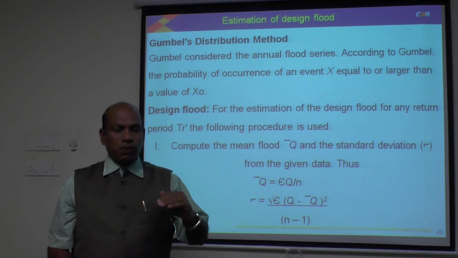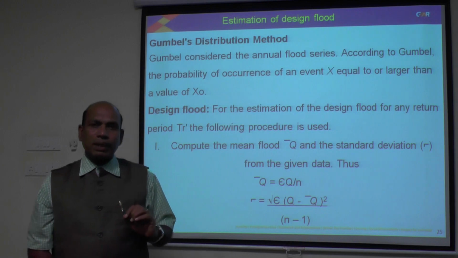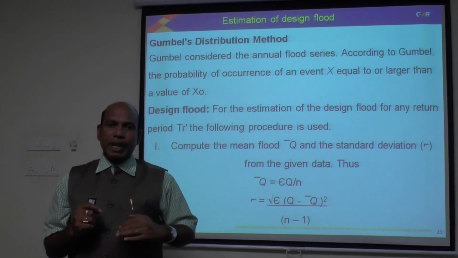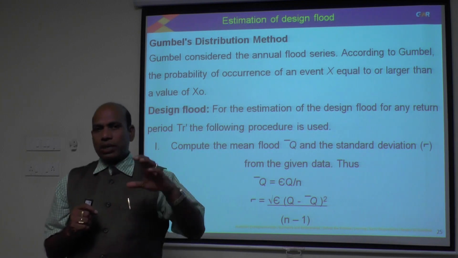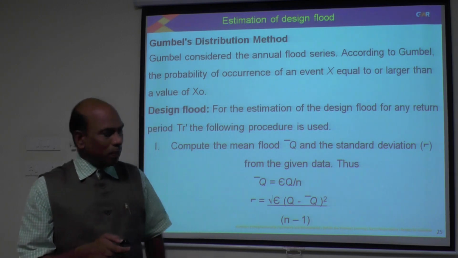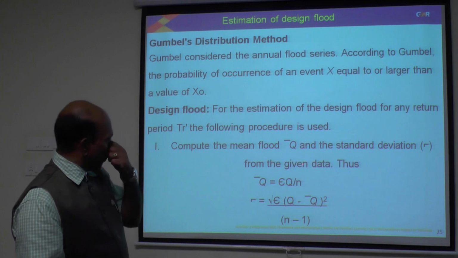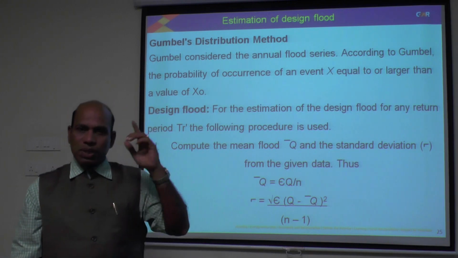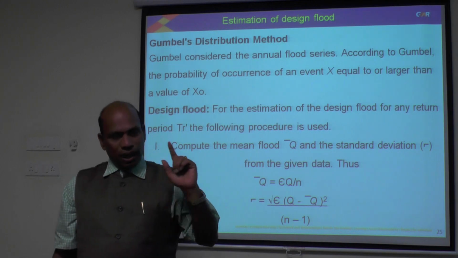Based on the floods, first of all, we are going to determine the mean of the peak discharge. We have different peaks year wise. First we determine the mean, then the standard deviation. Standard deviation, I already told you, is a formula we discussed in the rainfall analysis.